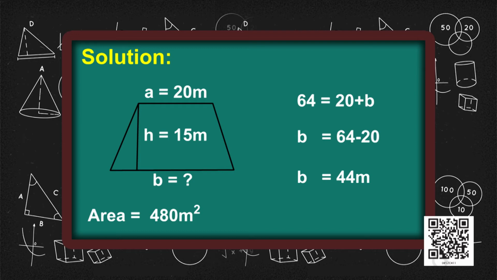Hence, b is equal to 64 minus 20, which is equal to 44 meter. So, the other parallel side of the trapezium is 44 meter. Completed? Here is another example for you.